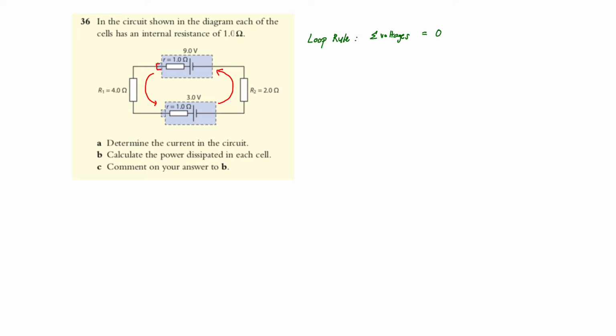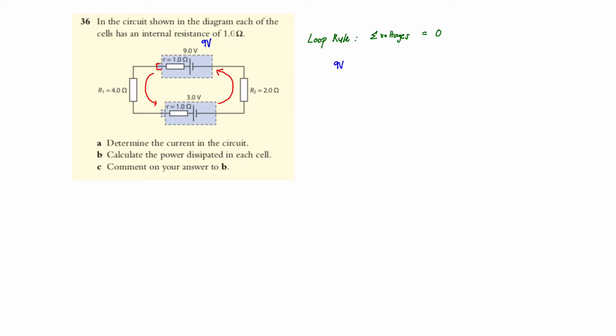And so let's now try to identify the voltages. First, we're going to have 9 volts here. And then there is an internal resistance of 1 ohm, so we're going to treat it like a resistor.